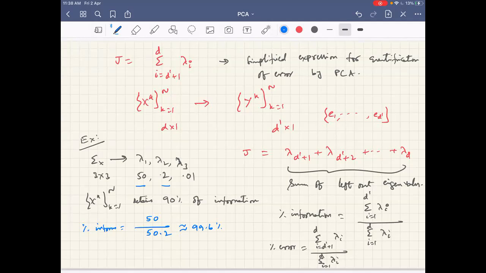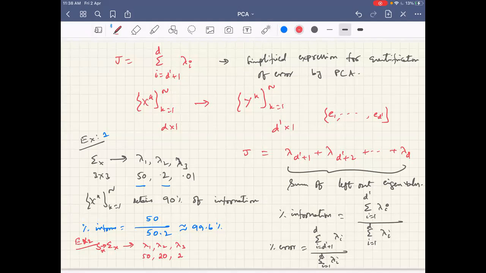So let us see another example, where sigma x, or S, the scatter matrix of samples x, has eigenvalues lambda 1, lambda 2, and lambda 3. Again, let it be 3 dimensional sample features. Let this be 50, let this be 20, and let this be 2.